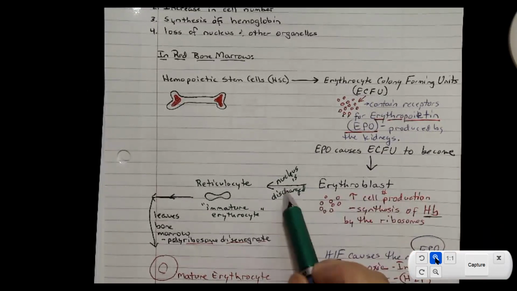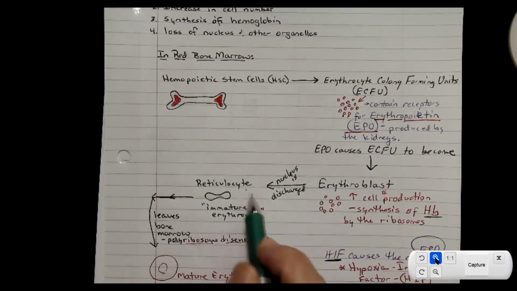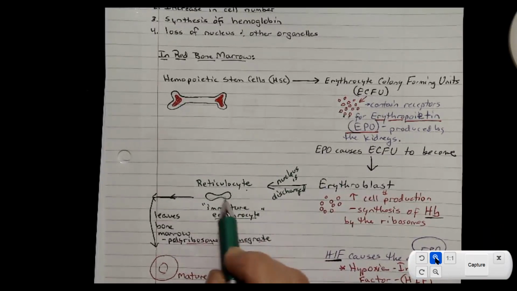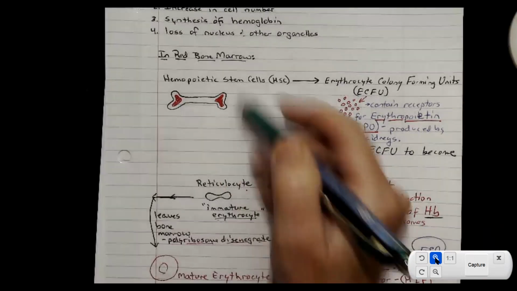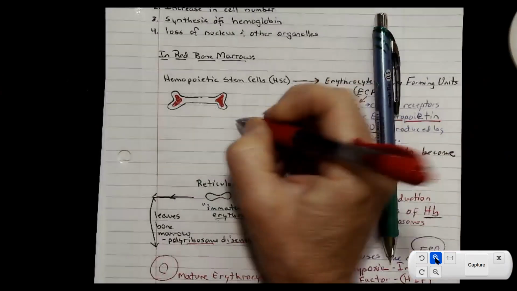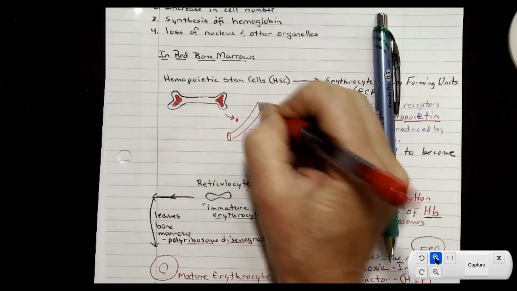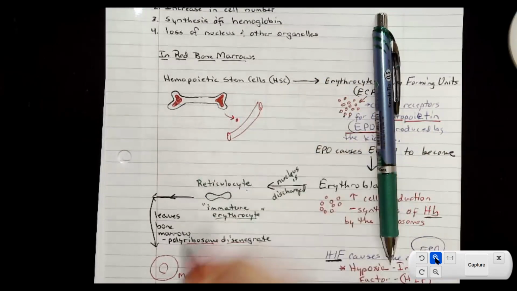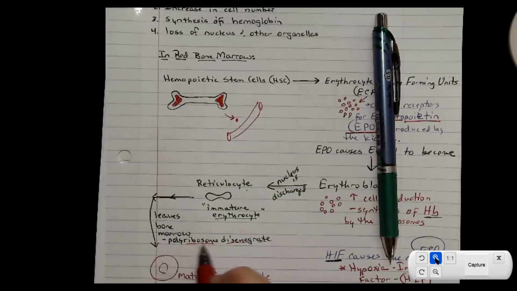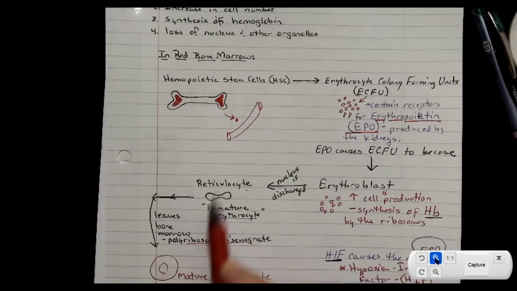The next stage, the nucleus will be discharged, and now we call it a reticulocyte. This is an immature erythrocyte. However, as it starts to leave the bone, the cell's going to enter into the blood system. And once it enters, then it gets rid of the rest of the ribosomes because we have enough hemoglobin made for that cell.